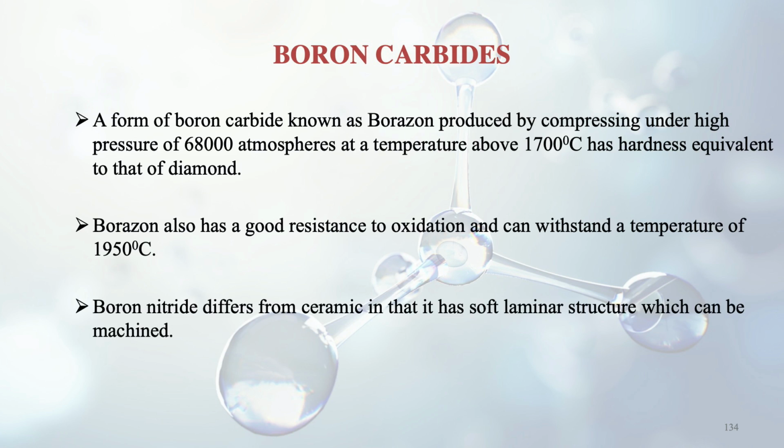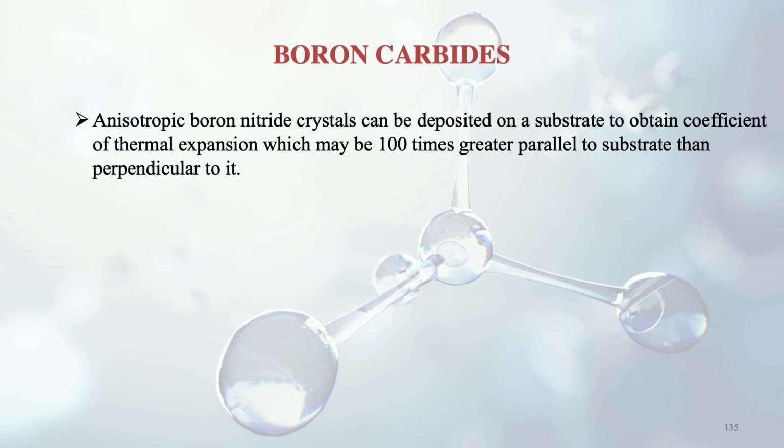Boron nitride actually differs from ceramic in that it has a soft laminar structure. Ceramic was brittle and its structure was not soft. So one application comes in here for boron nitride: since it is soft, it can be machined. Anisotropic boron nitride crystals can be deposited on a substrate to obtain a coefficient of thermal expansion which may be 100 times greater parallel to the substrate than perpendicular to it.